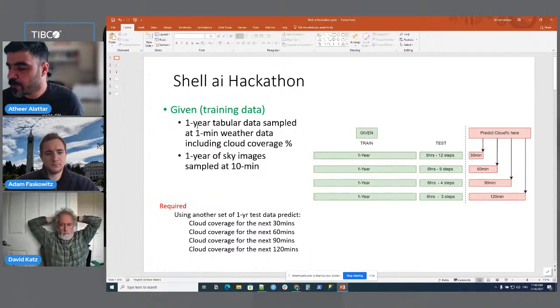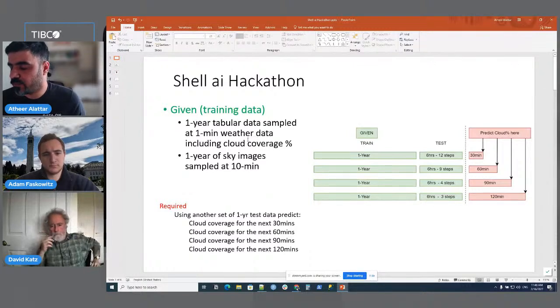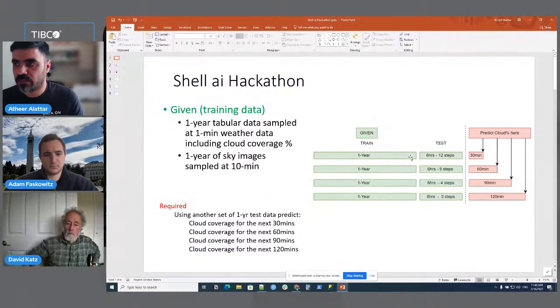The problem statement is that we were given one year's worth of data from solar and climate sensors.